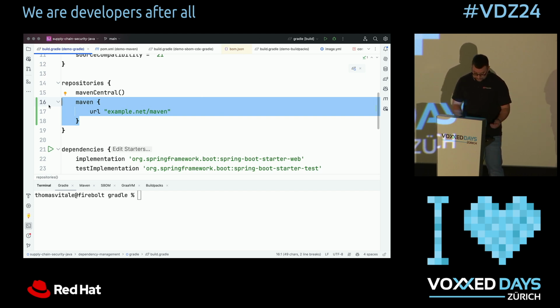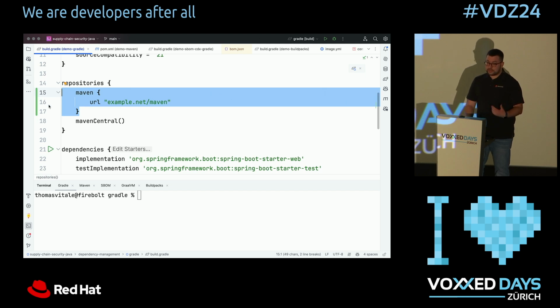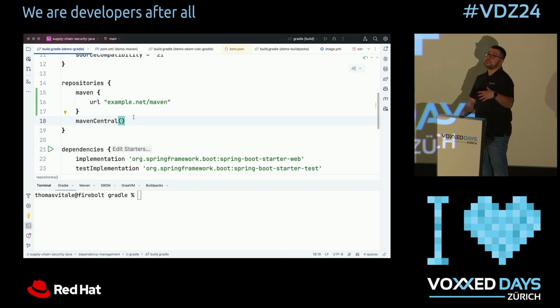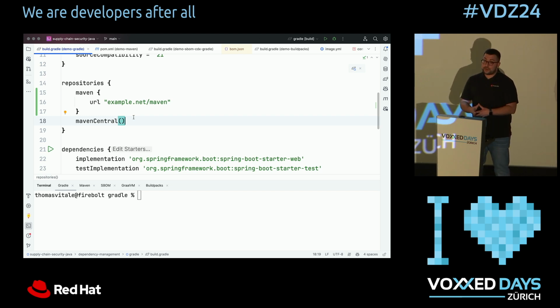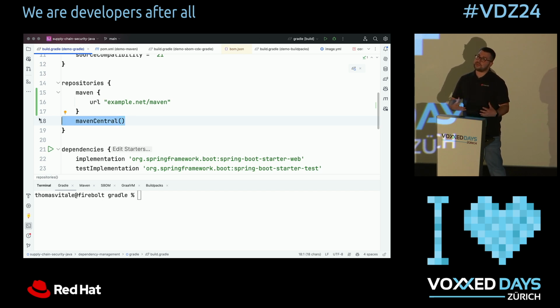That's probably not what I want to do. So I need to position these repositories in the correct way. I know that Gradle follows the sequence, so I need to be careful about that. Furthermore, in order to strengthen even more the security posture, many organizations prefer not having a dependency directly on Maven Central. But if they have an enterprise repository in-house, they might want to use that as a mirror to Maven Central.